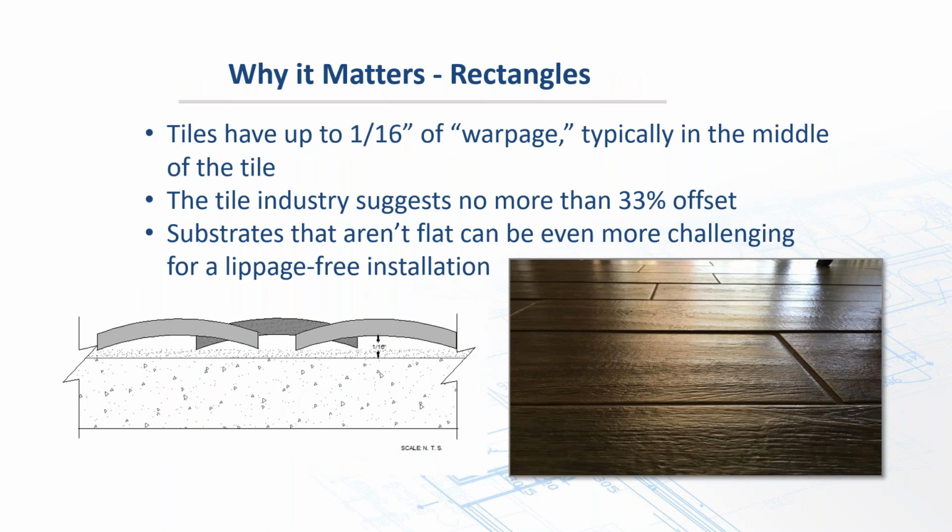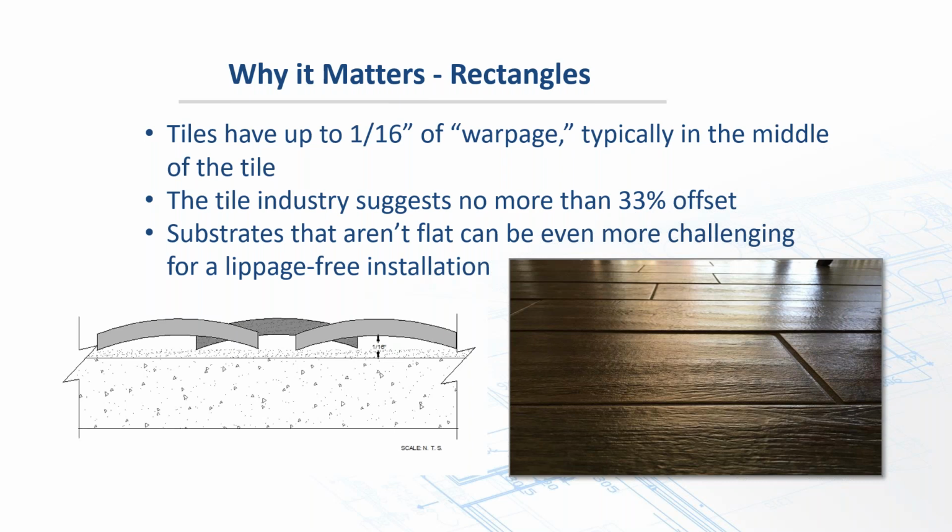Planks have made things a little bit different as well, because tiles can have up to 1/16 of an inch of warpage in the middle of them. It's common, especially with plank type tiles, the longer they are, that you get a little bit of warpage in them. And now in the industry, we made some changes in the ANSI requirements a few years ago that say that you need to offset a running bond by 33%, not 50%. Why?